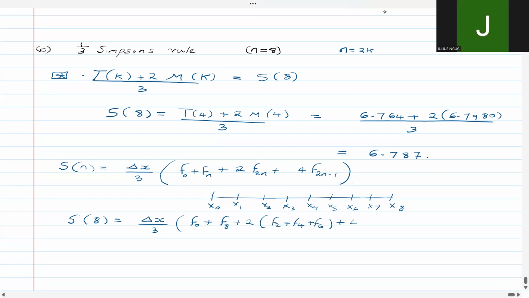Then after that, plus 4 times f at x1, f at x3, plus f at x5, plus f at x7. Once you do that, you get the same answer.